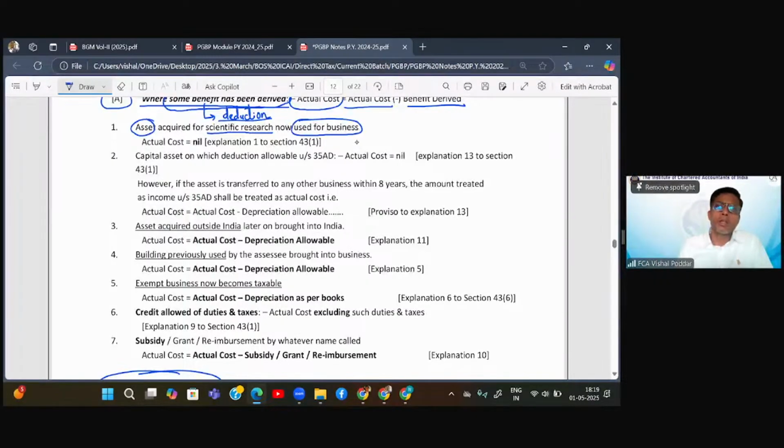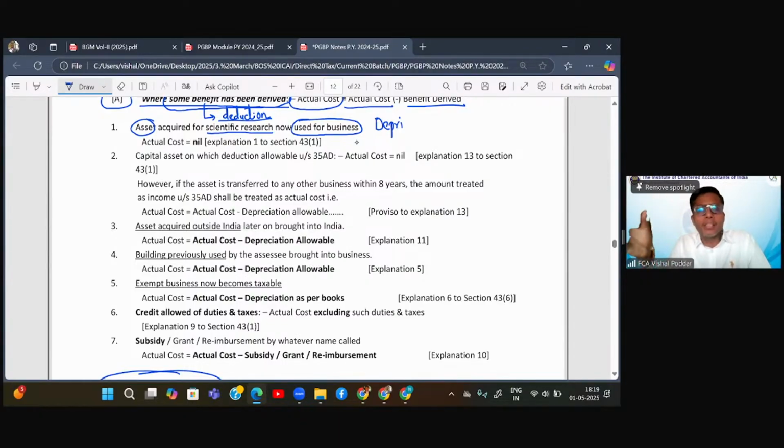Now, the moment you are using it for day-to-day business activity, what is the deduction that you claim on such assets? The answer is depreciation. Till date, the asset was used for scientific research; now I am using it for regular business, for which there is depreciation.